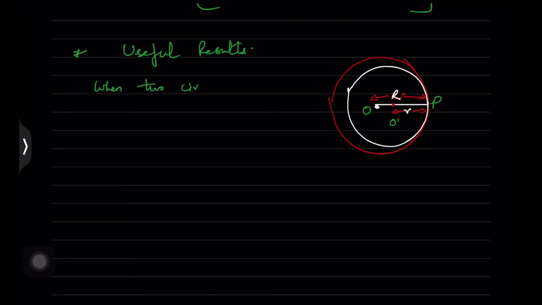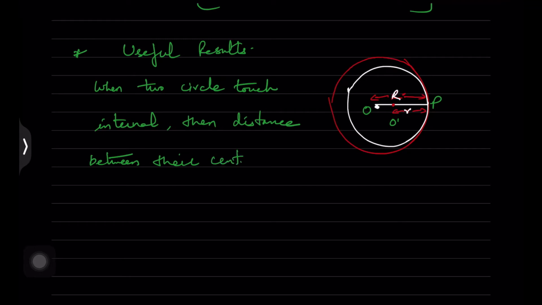When two circles touch internally, then the distance between their centers is equal to the difference of their radii.